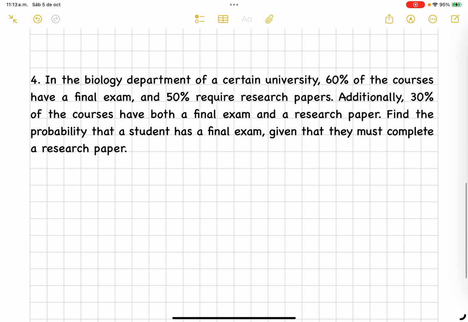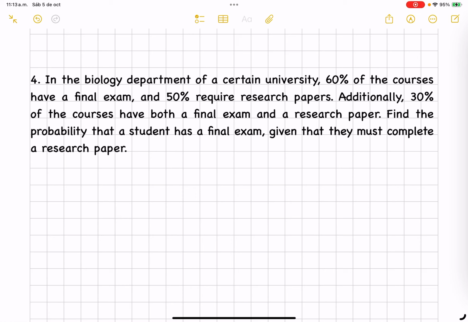Finally, in the biology department of a certain university, 60% of the courses have a final exam, and 50% require research papers. Additionally, 30% of the courses have both a final exam and a research paper. Find the probability that a student has a final exam given that they must complete a research paper.